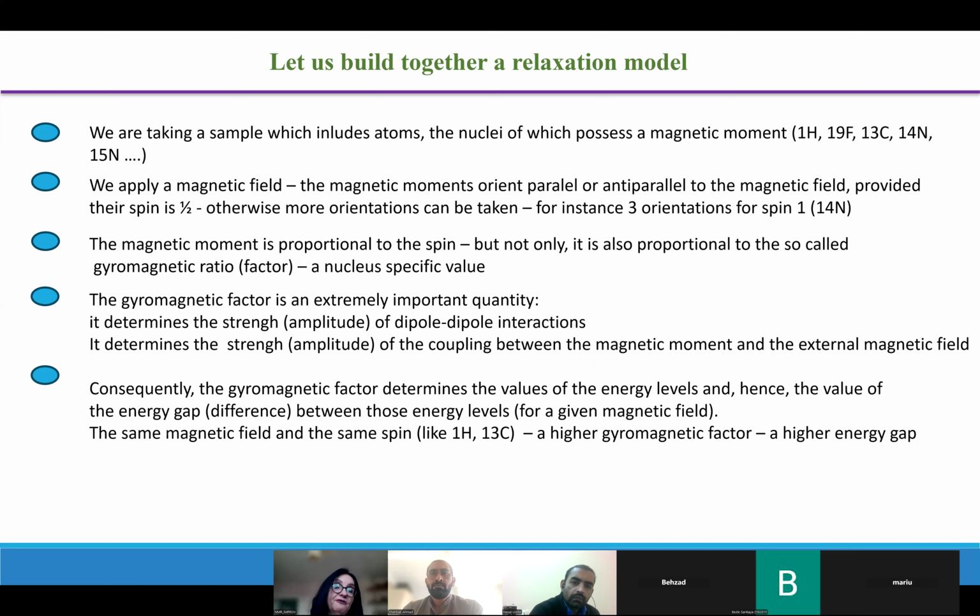To specify the magnetic moment, you take the spin, which is associated with the nucleus, multiply by the gyromagnetic factor, which is also associated with the nucleus. There are tables of this. And actually, hydrogen atoms, protons, have very low spin, 1/2, the lowest possible, but at the same time they have very large gyromagnetic factors, the largest one among all possible nuclei.